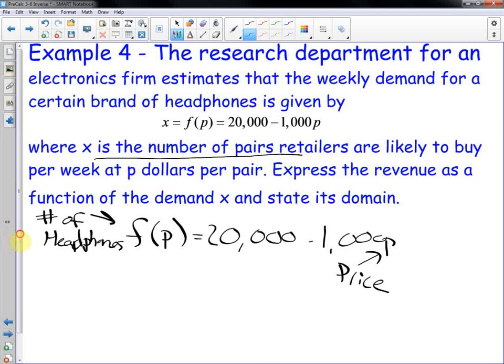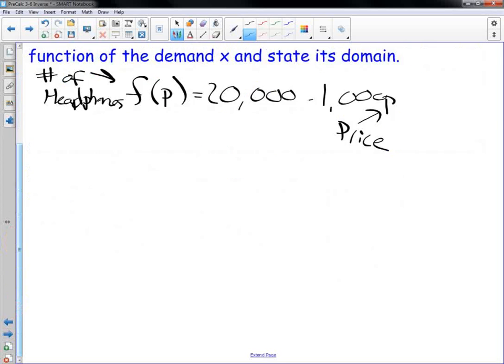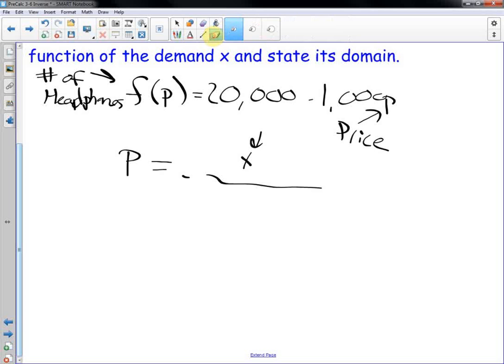They want us to change the equation so it has price equals something over here with headphones inside. So they want us to make basically the inverse function, right? So we're going to follow the same steps to do that.